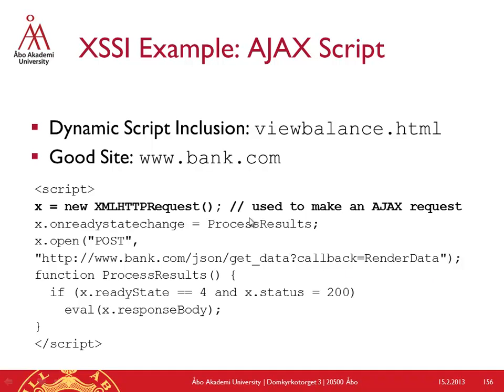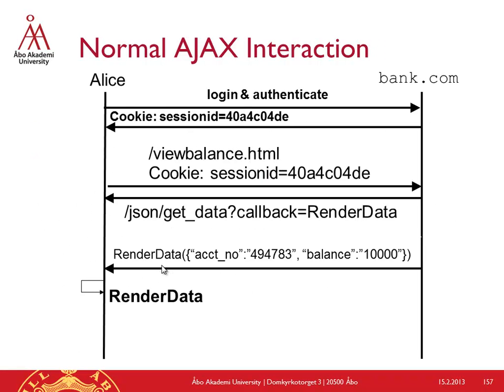Particularly, we have dynamic script inclusion with this Ajax script, and this particular script uses the XMLHttpRequest object from the JavaScript library, and it also submits some data to the good site bank.com, and the received information might be utilized to reflect on the page. And a normal Ajax interaction will look like this.